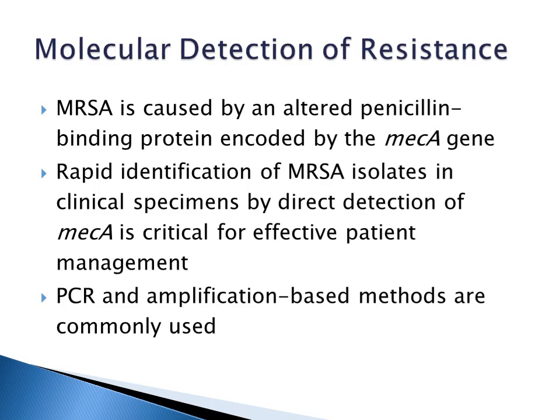So you can rapidly identify MRSA isolates in a clinical specimen by direct detection of the mecA gene. And this molecular method is very critical for effective patient management. There are polymerase chain reaction and other amplification-based methods that are commonly used to identify the mecA gene.